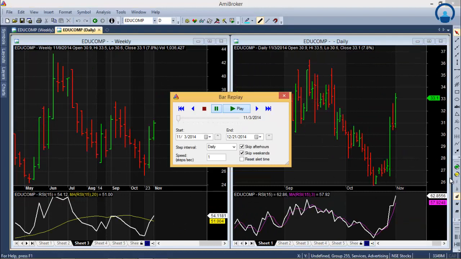Our next chart is EduComp. On the left hand side, weekly, look at its RSI and you can see the moving average of RSI is moving down, and as of the last bar, RSI has crossed above its moving average, but the moving average has not yet changed its direction.